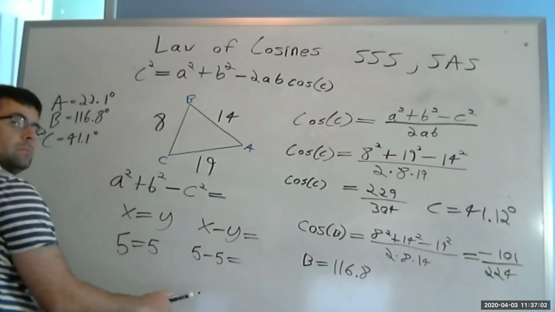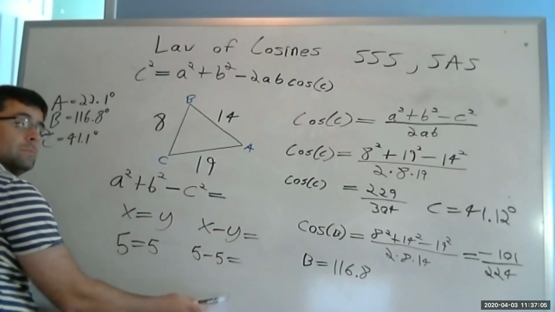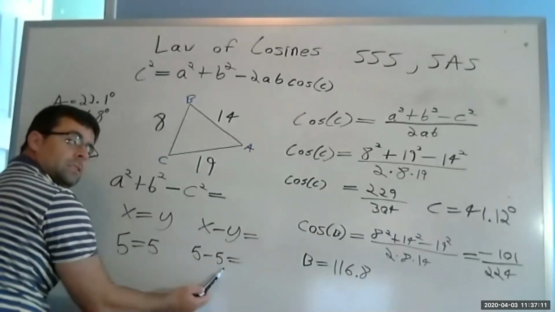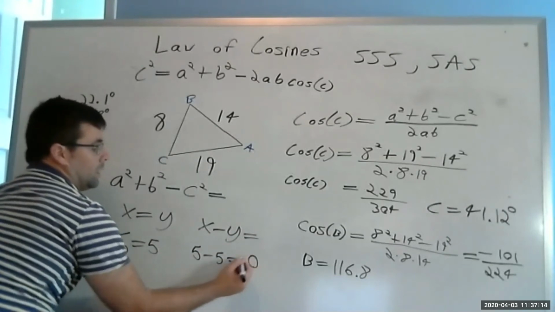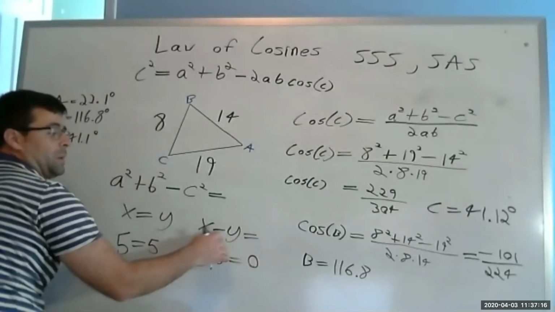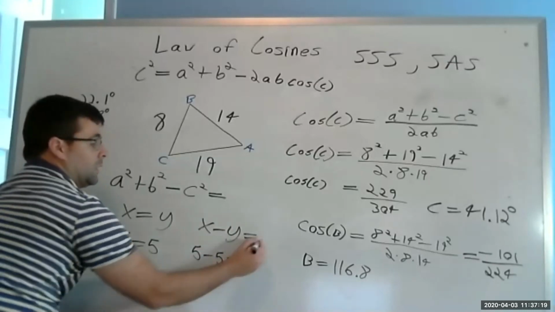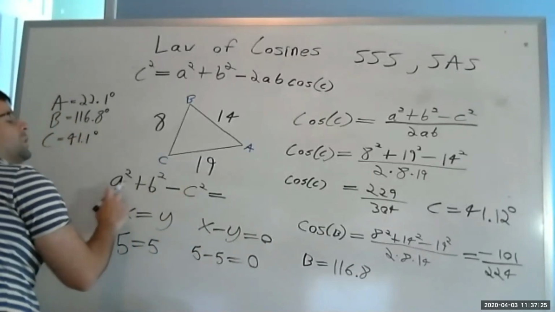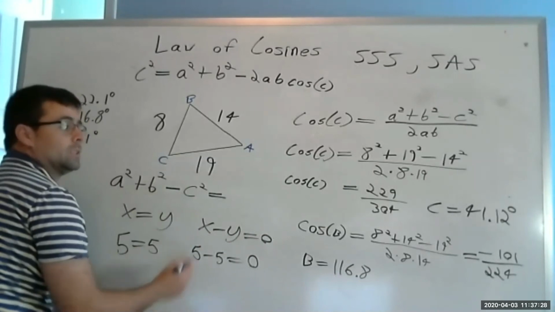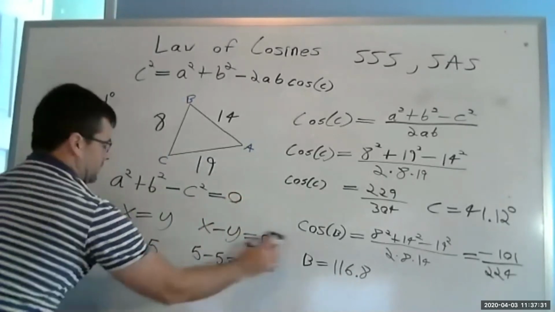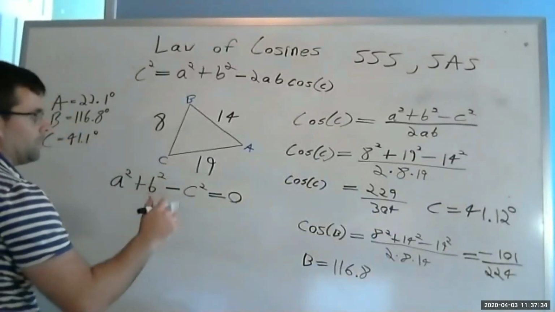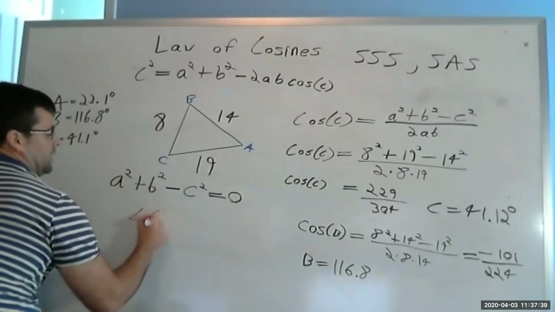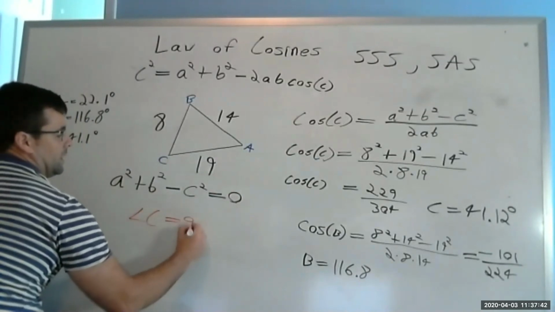Zero. No, it will be zero. Okay. What is 5 minus 5? 0. Okay. If x equals y, what is x minus y? 0. If a squared plus b squared equals c squared, then what is a squared plus b squared minus c squared? 0. Okay. So if this is true, then angle C equals 90 degrees.